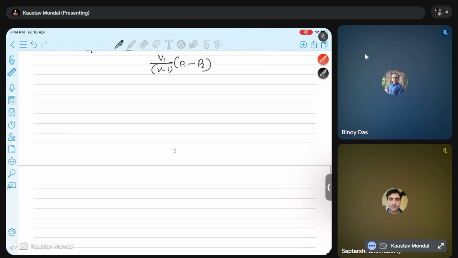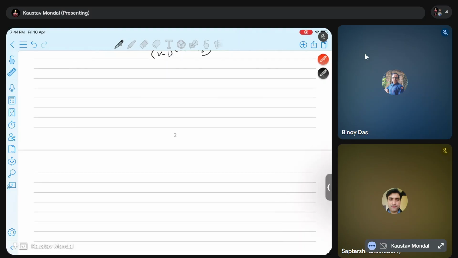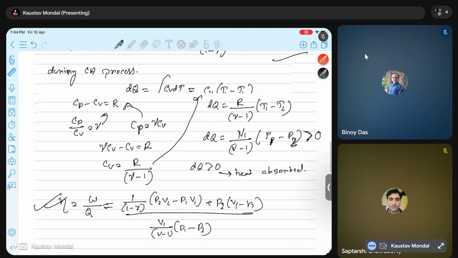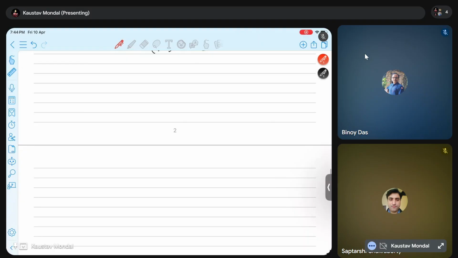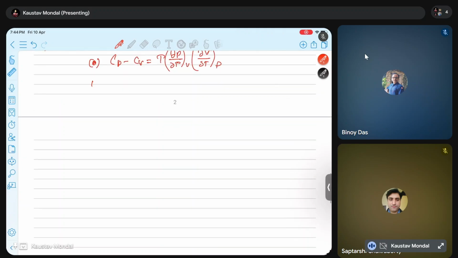Now the next problem is: prove that Cp minus Cv is equal to T into (del P del T) at constant V times (del V del T) at constant P, for a van der Waals gas.